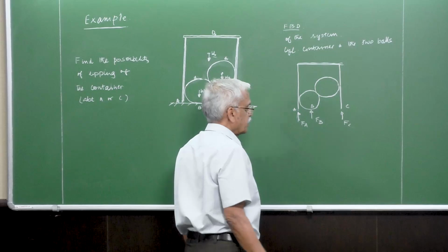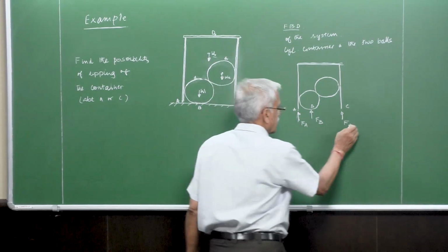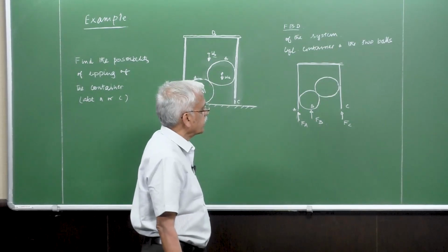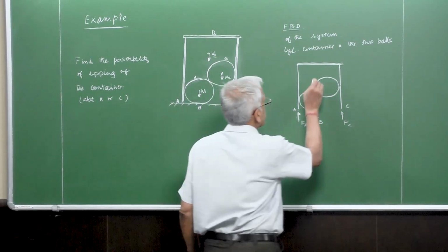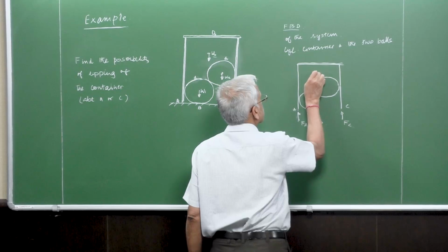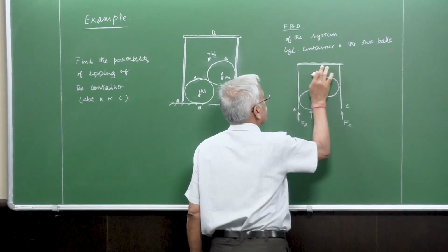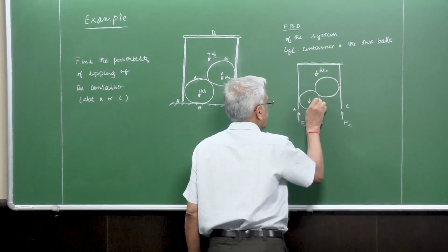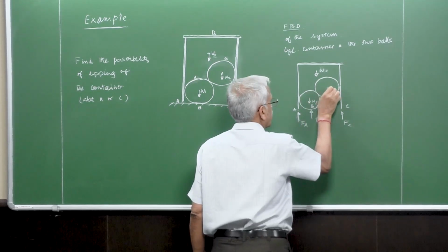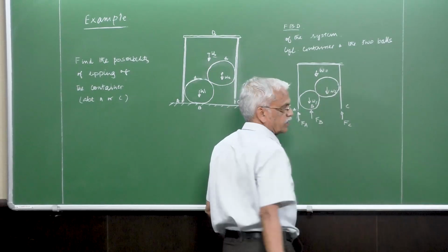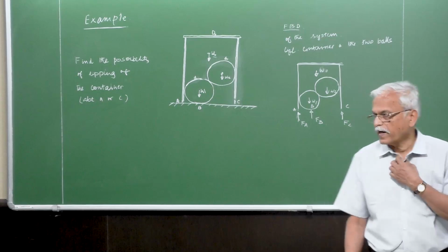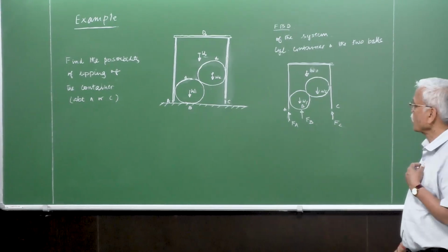There are two balls here, and of course there are external forces here, W0, W1 and W2. These are the weights, which also form part of the free body diagram, and of course the geometry also you can put in.